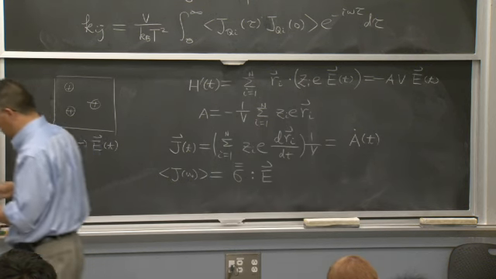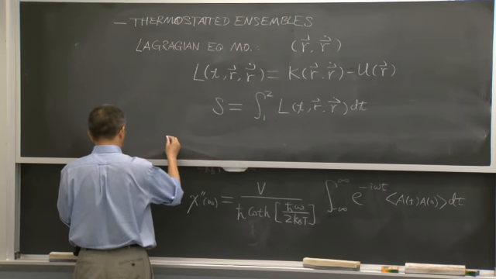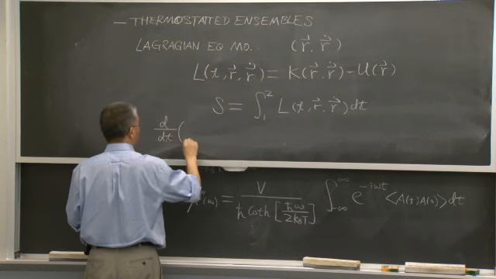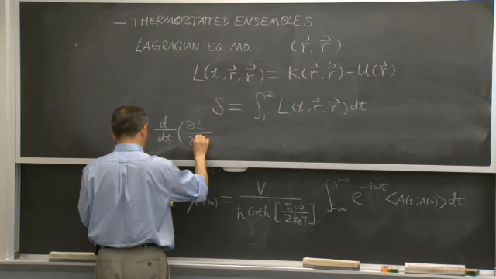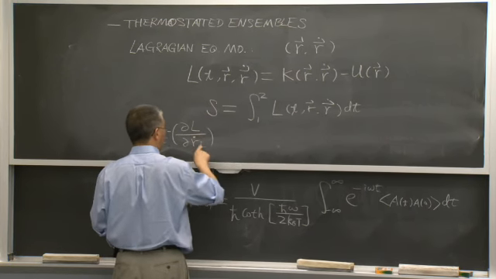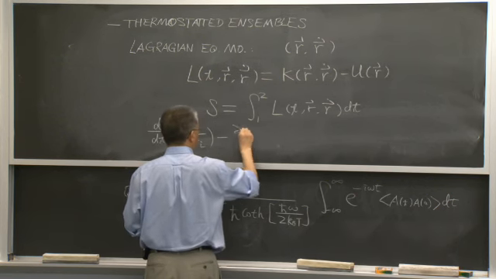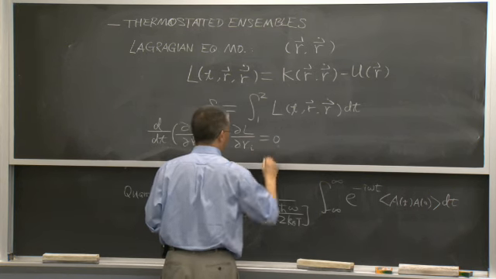So here, you do the equation of motion, then you will get, this is the extremum, you get d/dt of dL/d r dot, here I'm writing in each component of the velocity, minus dL/dr itself equals 0.